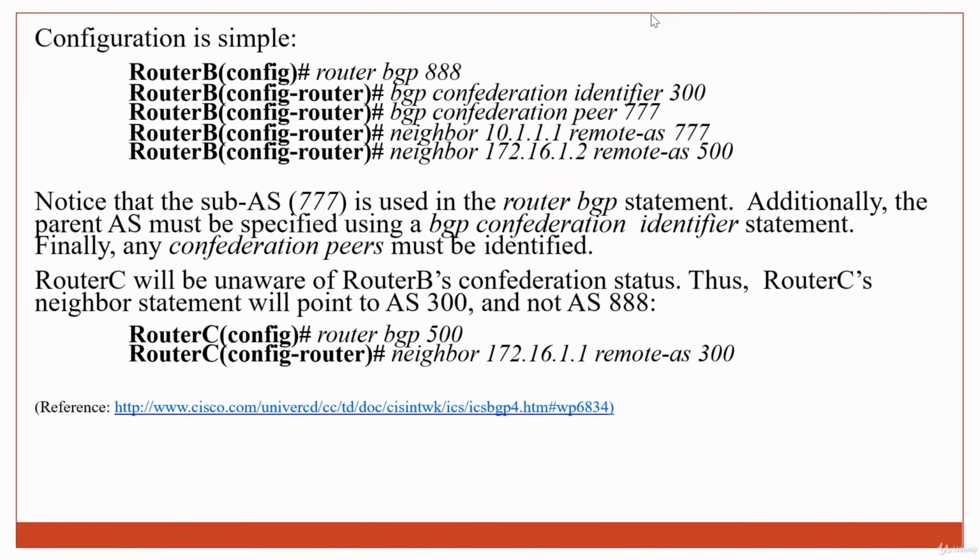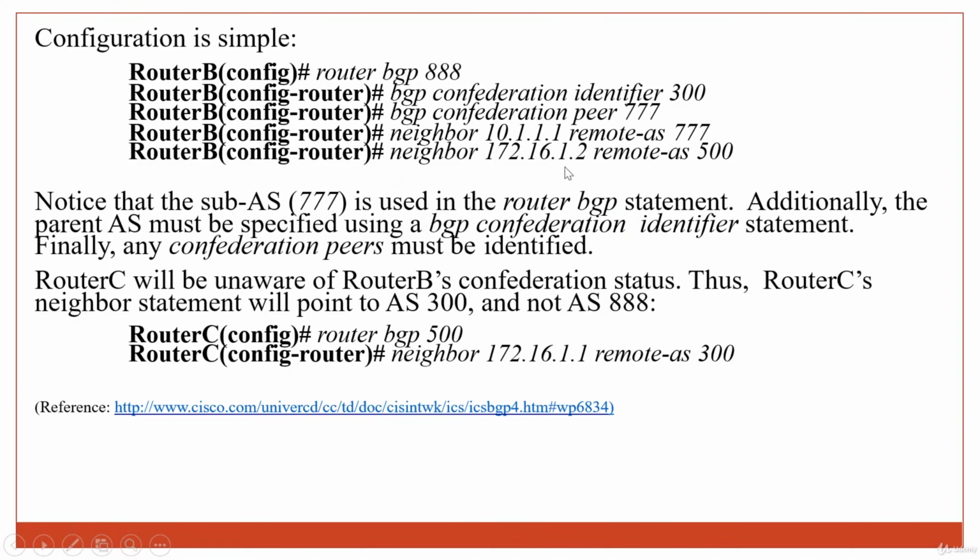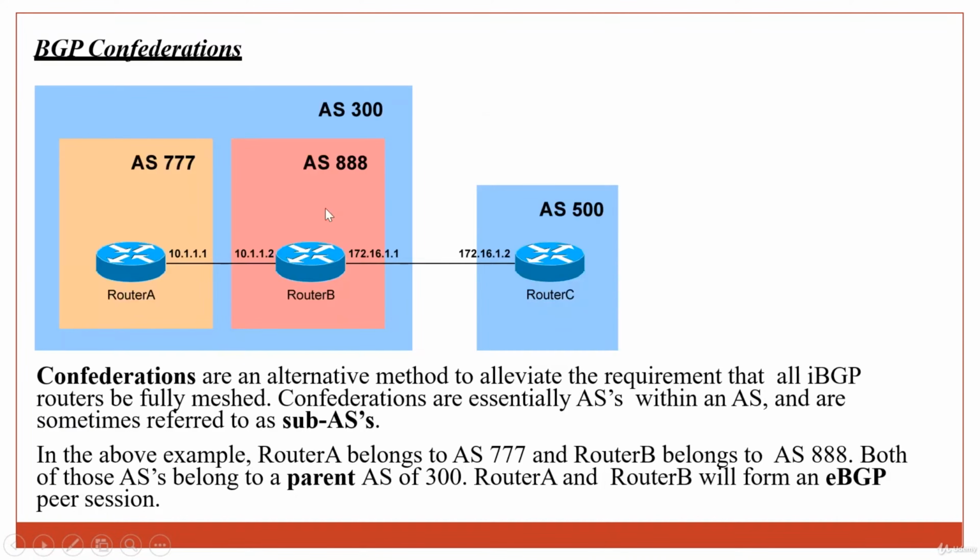Let me quickly go back and show you. If you are here, you can see router B is a part of eBGP. It's part of the configuration group as well. So that's why you have this last line. Apart from that, you have these 4 lines. It's tricky because he is part of the main AS, he is doing BGP with this AS, and he is doing the eBGP relationship.